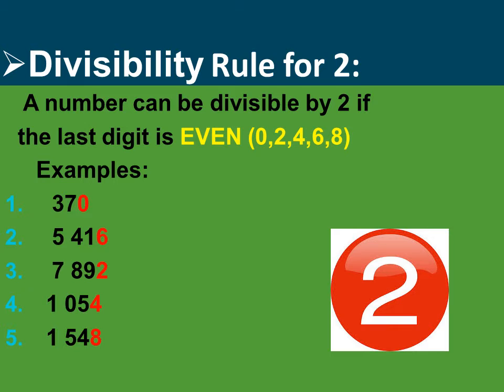In example 3, we have 2. In example 4, we have 4 at the ones place. And in example 5, we have 8 at the last digit. This shows that all these examples are divisible by 2. It will be more clear when we do different questions of the exercise.